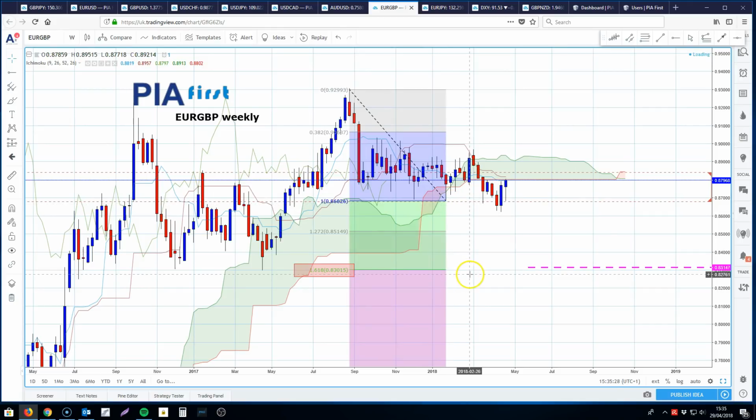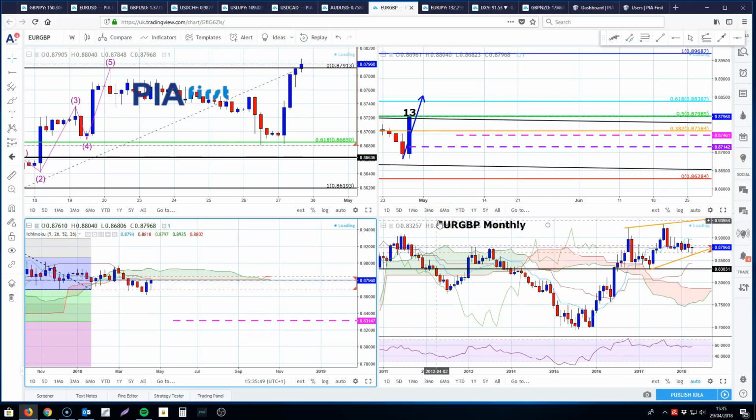Now the reason I'm highlighting that is because we've got our monthly bespoke support located at 83.14, and we've also got these areas here which used to be support. So this area, sort of 83, the figure 83.50 is our long-term target area for Euro sterling. So we are long-term bears, and we do see this as being a short-term recovery.